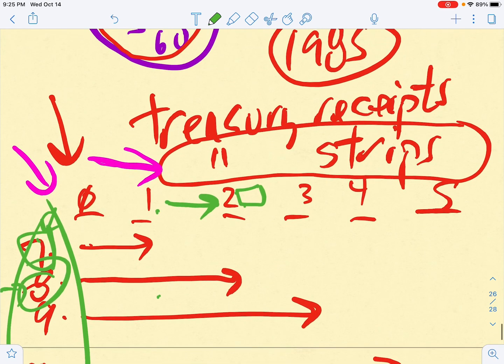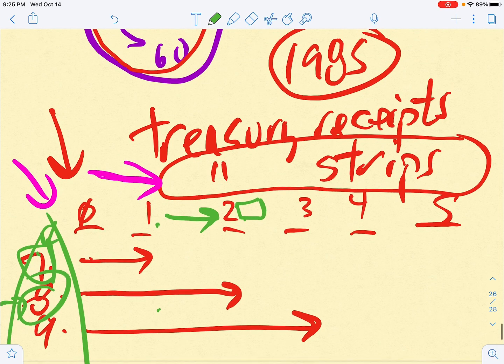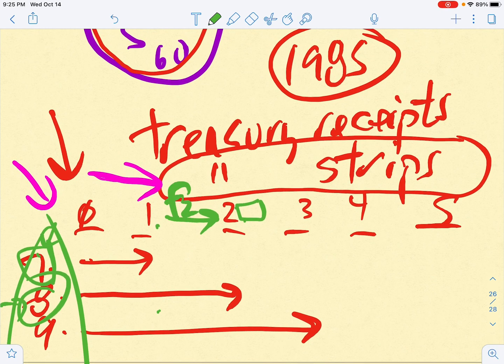These forward rates: this rate here would be F2. This rate here between, say, date 2 and date 3 would be F3. This would be F4. This would be F5. F sub 5.